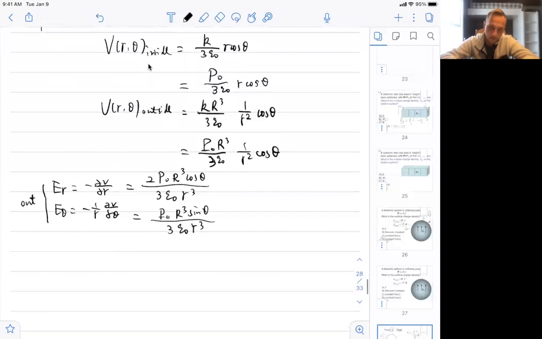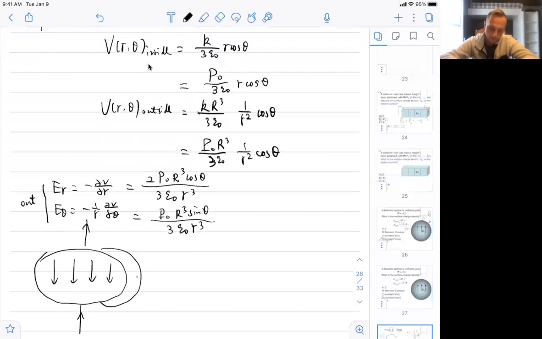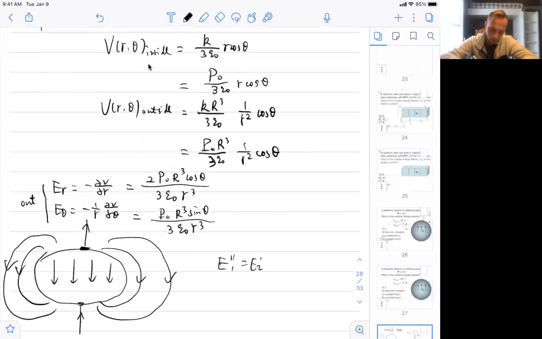If you look at the E field, sorry, not a circle. It looks like this. You can plot this. Something like this. And you see E is not continuous at the boundary, right? E parallel is always continuous. This is something you have seen.